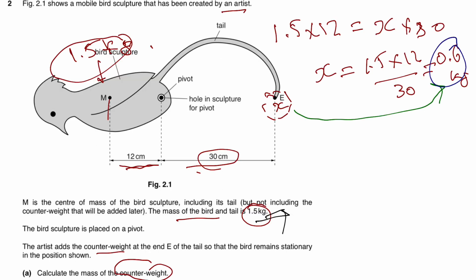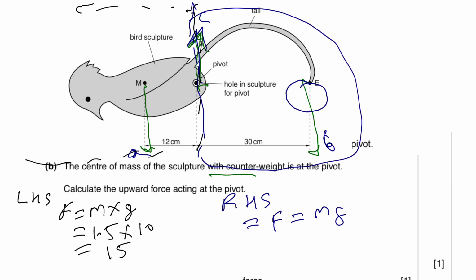That is 0.6 kg. So let's substitute here. Force equals 0.6, and acceleration due to gravity, we will take 10. So it will become 6 Newton. Here it will be 15 Newton.